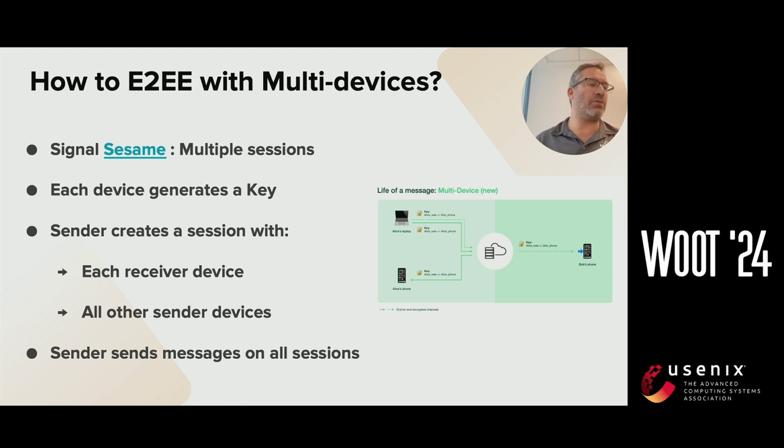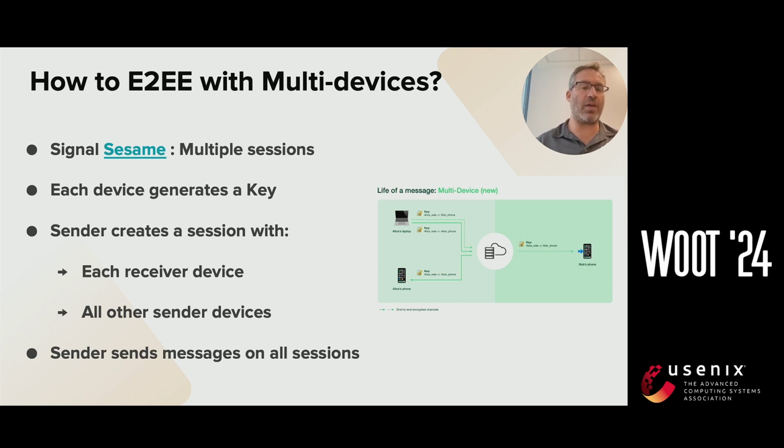So just to give a quick example, let's say Alice wants to send Bob a message, and let's say Alice has 5 devices and Bob has 5 devices. So Alice's sending device creates 5 sessions as before with all of Bob's devices, and also has a session with all other 4 devices of Alice to update them with this message.